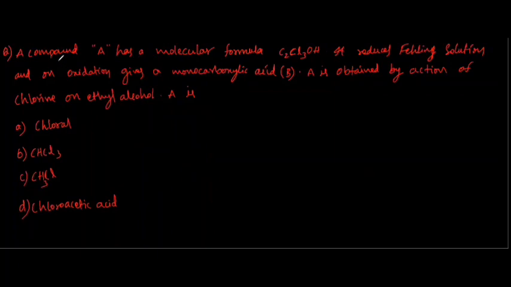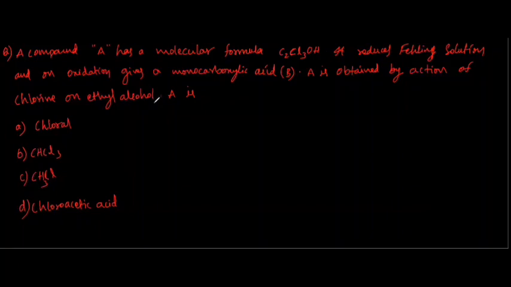From the given question, a compound A has the molecular formula C2Cl3OH. It reduces Fehling's solution and on oxidation gives a monocarboxylic acid B. A is obtained by the action of chlorine on ethyl alcohol.